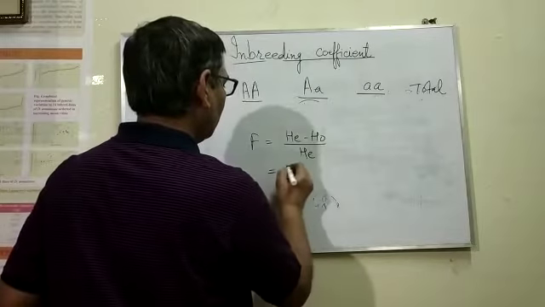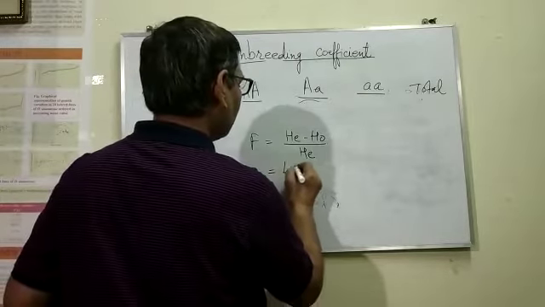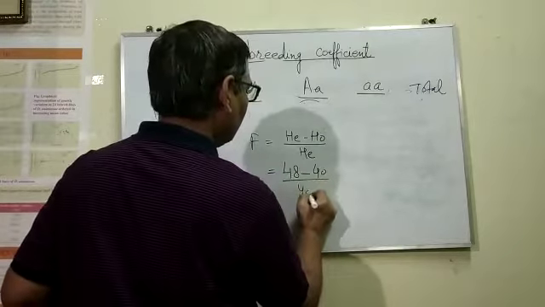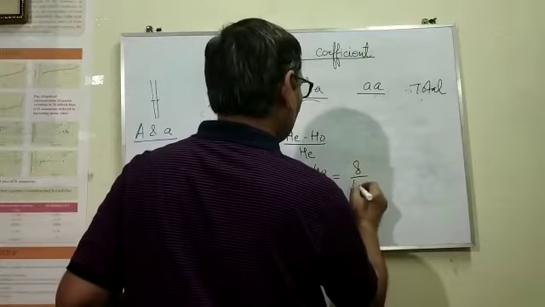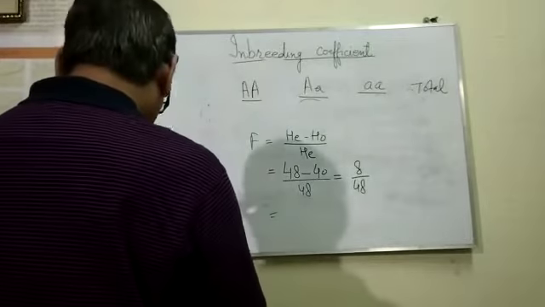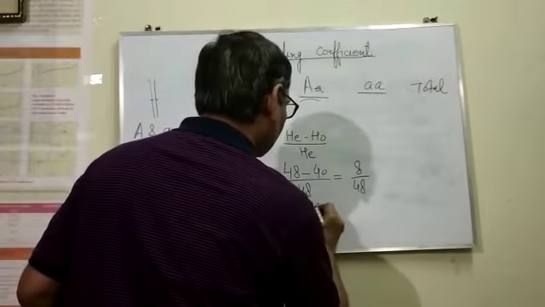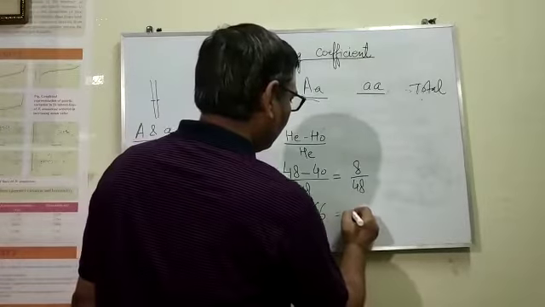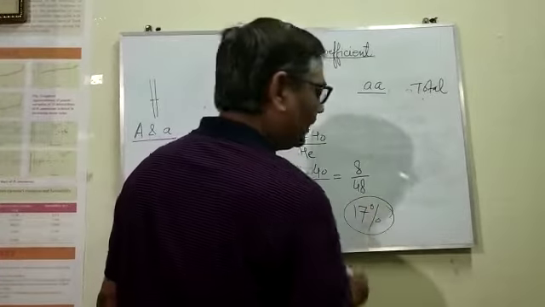So this will be 48 minus 40 divided by 48. So finally you will get 8 divided by 48. And when you calculate this, the value will be 0.166. Or you can say that there is nearly 17% inbreeding in the population.